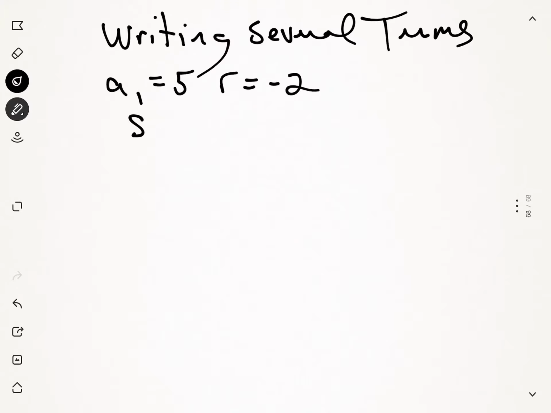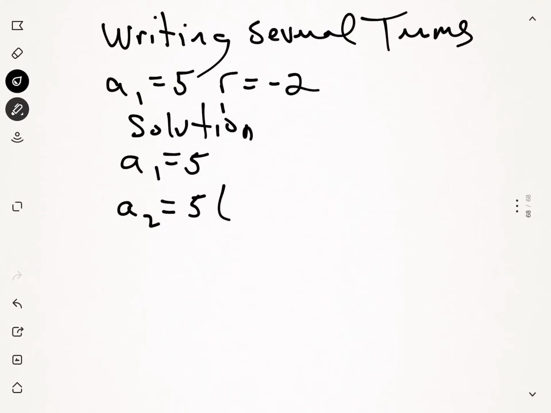So, solution. Our second term is 5 times minus 2. We get negative 10.